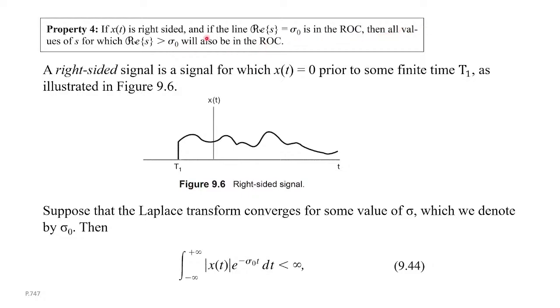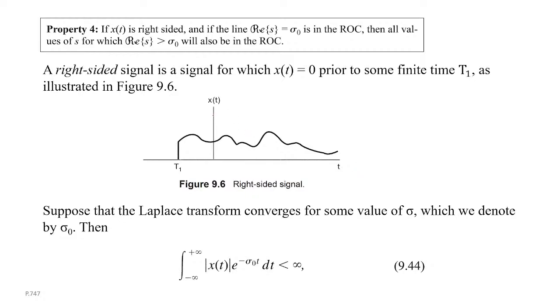So for a right-sided function, you can also get some restriction on your ROC. Now your ROC is going to be extended to the right all the way. We write that in a weird little convoluted way: if some point is in the ROC, then every point to the right of it is also in the ROC. I guess a good example to remember this is when your x of t is exponential decay, right?